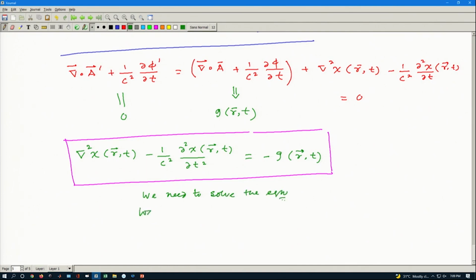And this source term is again given, because when A and phi are given, I can find the divergence of A plus 1 by c square del phi del t, which is basically G. I know that this is not equal to 0, that is the initial condition, and I am going to exploit that initial condition here to find out my chi.